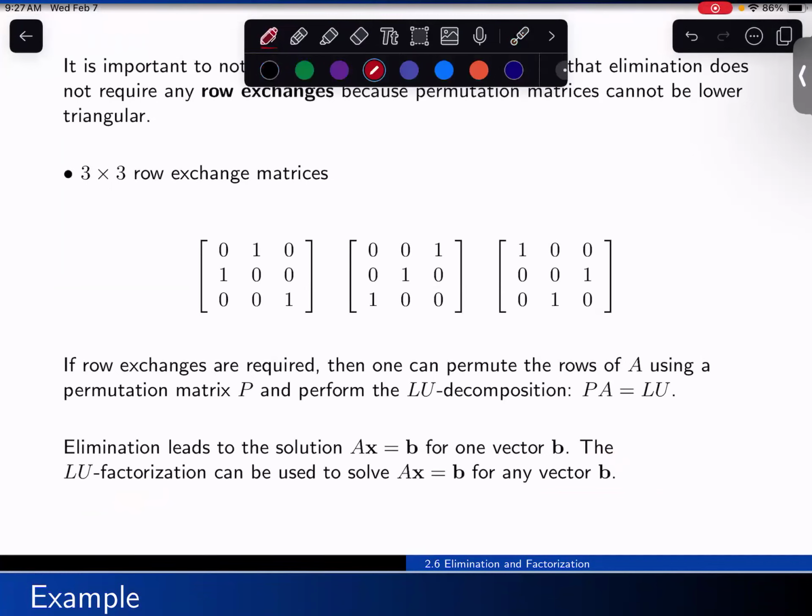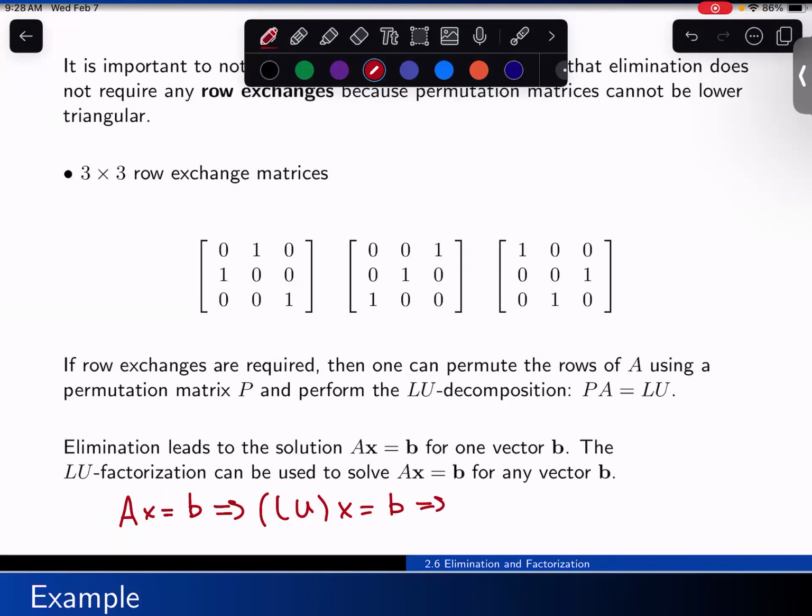Because what he's saying is that if we have AX equals B, and we have an LU factorization of A, this is the same as saying that L times U times X is equal to B.